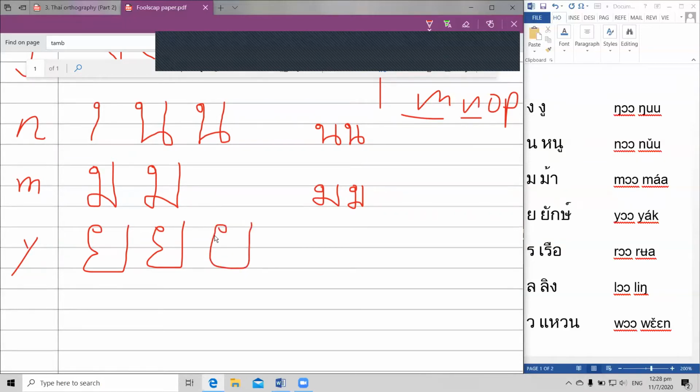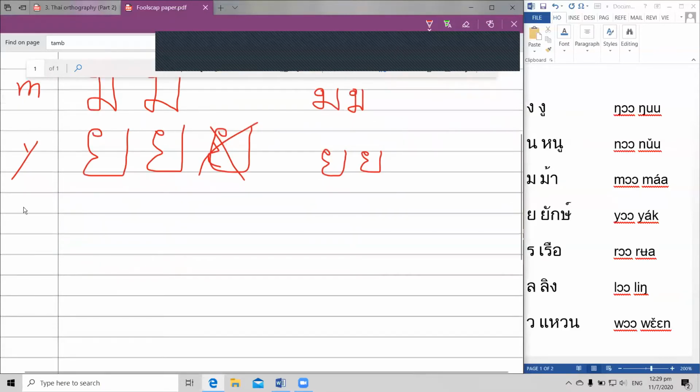But there's a kink over here. If you write it small, it looks like this. That is Yo Yak.